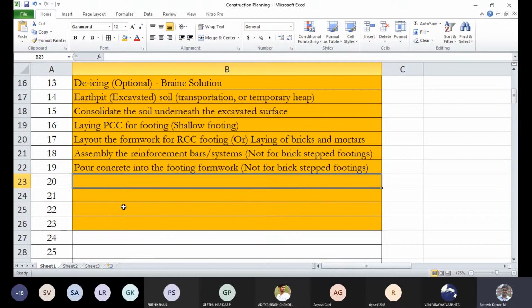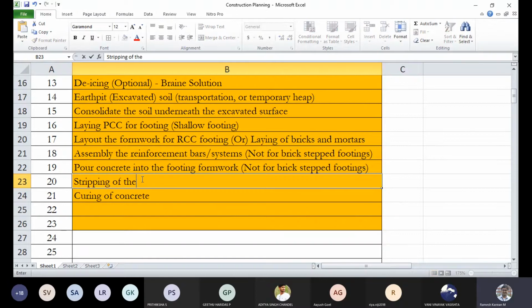And once the concrete is poured, and curing of concrete, and before curing of concrete it has to be something called stripping of the formwork, depending upon the day, 7 days or 14 days, depending upon the sectional property, section of footing.